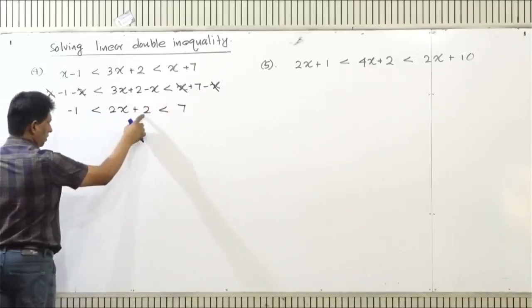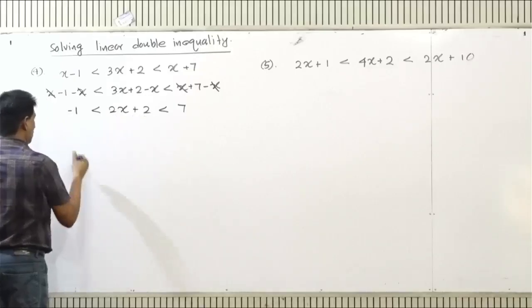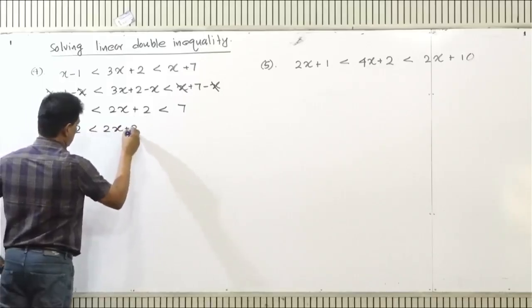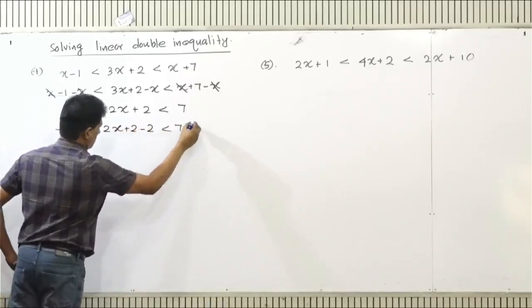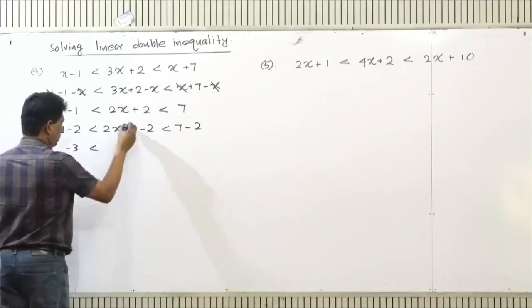Now we have to remove this positive 2 and this positive 2. First we remove this one. Then we have to subtract 2 each and every side. Then here minus 3.